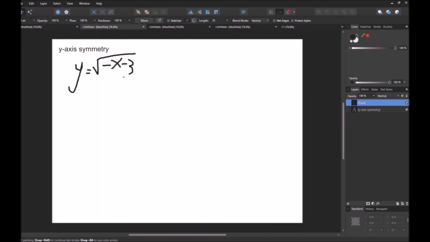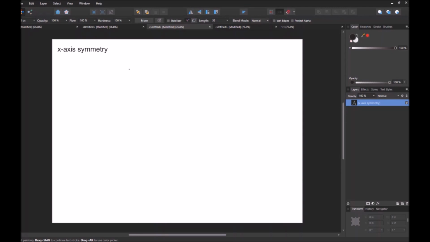There's nothing we can really do here. I mean, we could square this if you really wanted to step through this and see that there is absolutely nothing you could do. So we have y squared equals negative x minus 3. But now we have to get y alone again, and in order to get y alone, we have to take the square root, and we're right back where we started. So there is no y-axis symmetry in the graph of this equation.